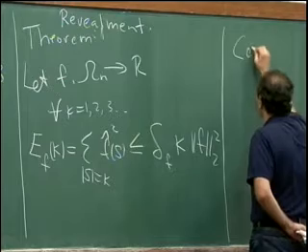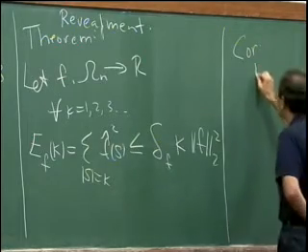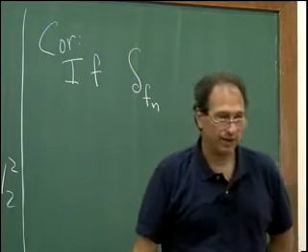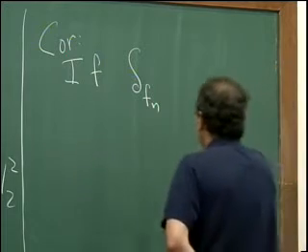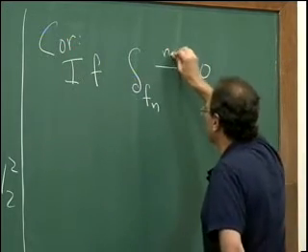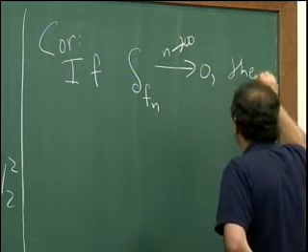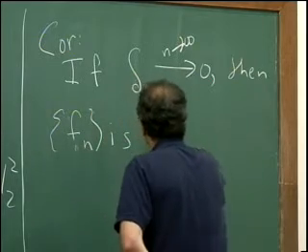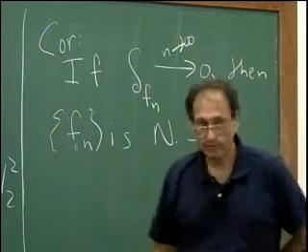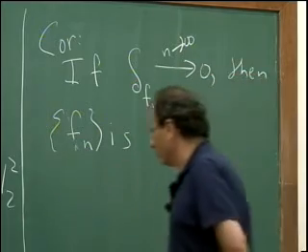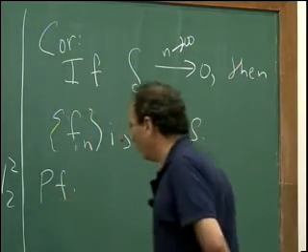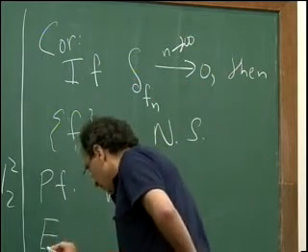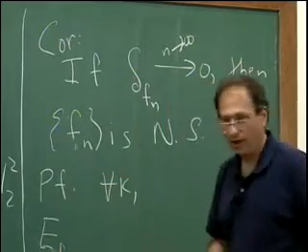Let me mention a corollary of this. If we have a sequence of functions f_n, and if the revealments approach 0 as n goes to infinity, then f_n is noise sensitive. This basically follows immediately from the theorem. Proof: for every fixed k, look at the energy level k for our nth function.